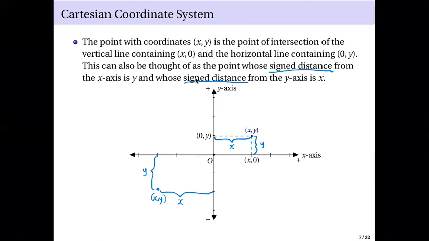If we remove the word signed here, we have to take the absolute value of x here and the absolute value of y here. That's the actual distance of the point from the y-axis and from the x-axis.